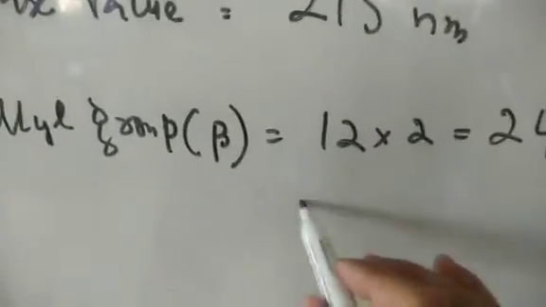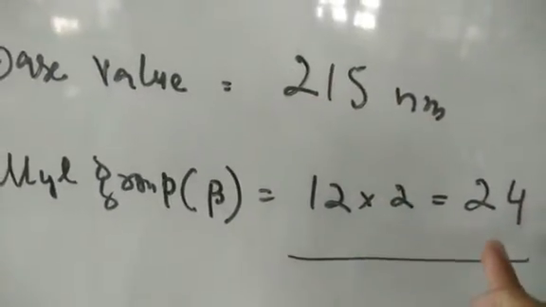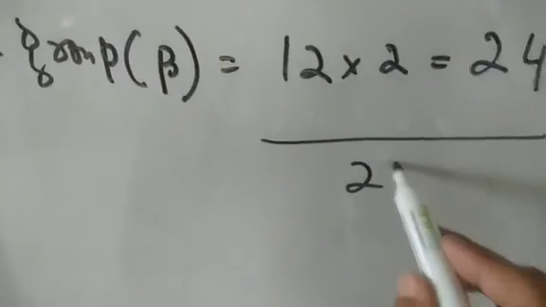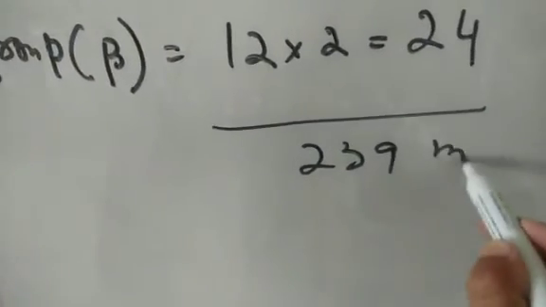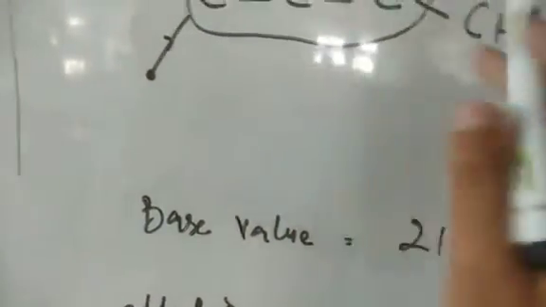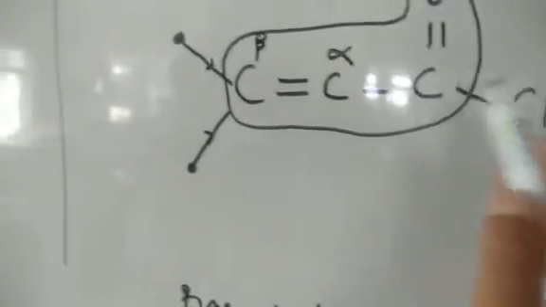So the total becomes 215 plus 24, that is 239. So the calculated absorption maximum for this alpha beta ketonic compound is 239.